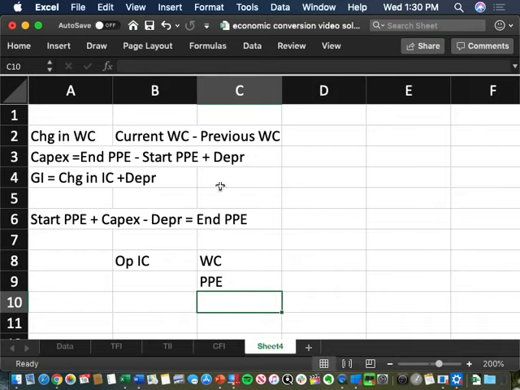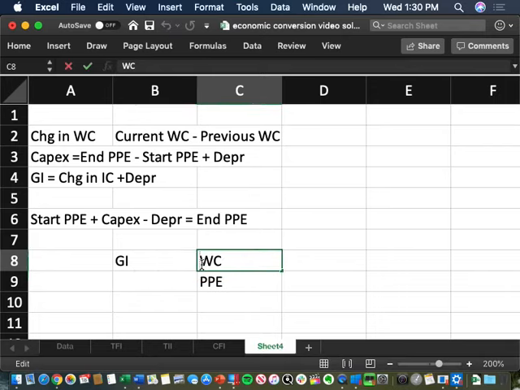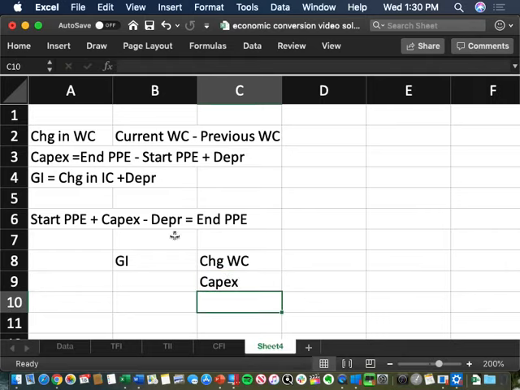But from a cash flow standpoint, gross investment is change in working capital, but instead of PP&E, it's called CapEx. CapEx says if we take our starting PP&E plus CapEx minus depreciation, we get our ending PP&E. Rearranging, CapEx is ending PP&E minus starting PP&E plus depreciation.